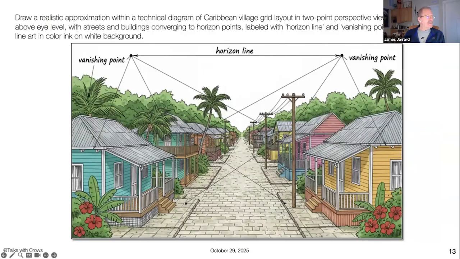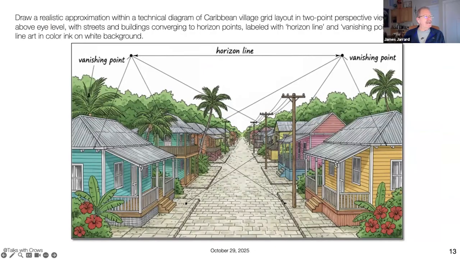Draw a realistic approximation with technical diagram of a Caribbean village grid layout in 2-point perspective viewed from 15 degrees above eye level, with streets and buildings converging to horizon points, labeled with horizon line and vanishing points.